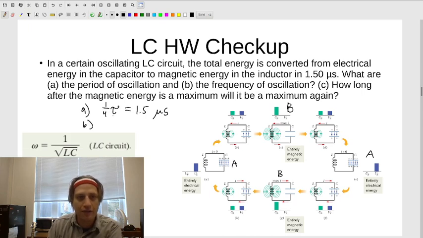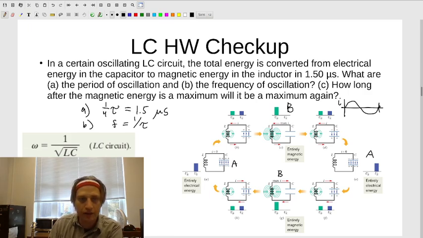So once you have that period, the frequency of the oscillation is how long does it take the current to go through one full cycle. The current is going to go through one full cycle every period, and so the frequency is going to be just 1 over that period. Then part C asks, how long after the magnetic energy is a maximum will it be a maximum again?